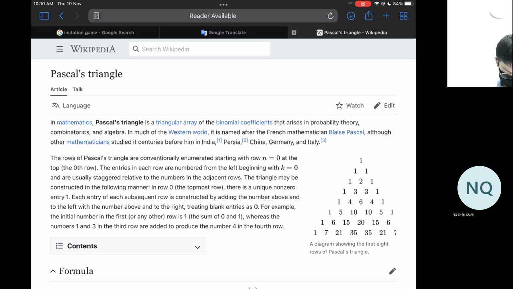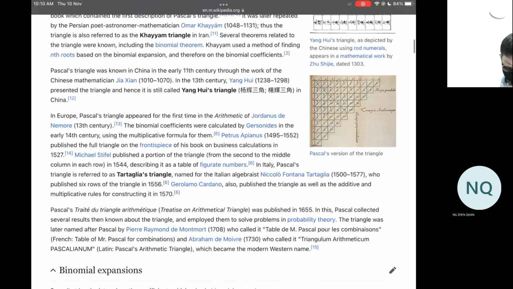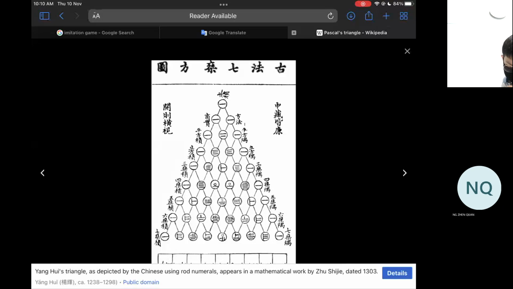Let me see the Yang-Hui. Yeah, this one. So actually, a long time ago, China also had this kind of triangle. So different civilizations have looked at the same thing.